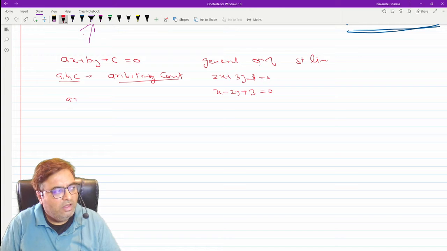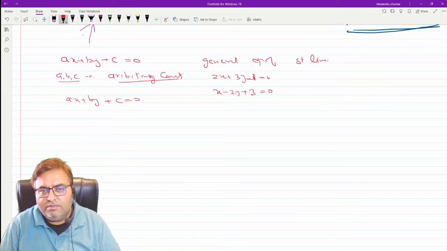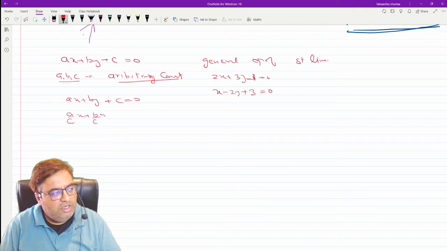How? ax plus by plus c equals 0. Now all of them cannot be equal to 0 simultaneously. So at least one of them has to be non-zero. Let's say c is non-zero. If c is non-zero, then I can write this as (a by c)x plus (b by c)y plus 1 equals 0.